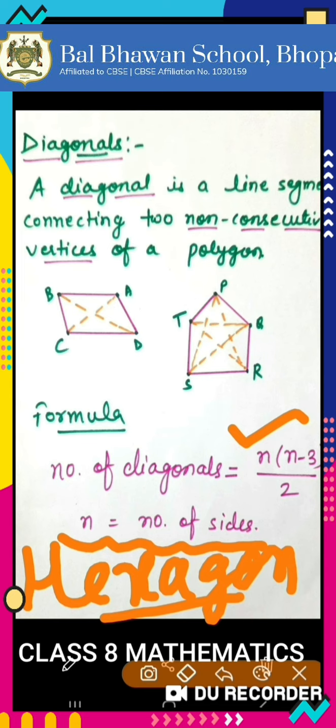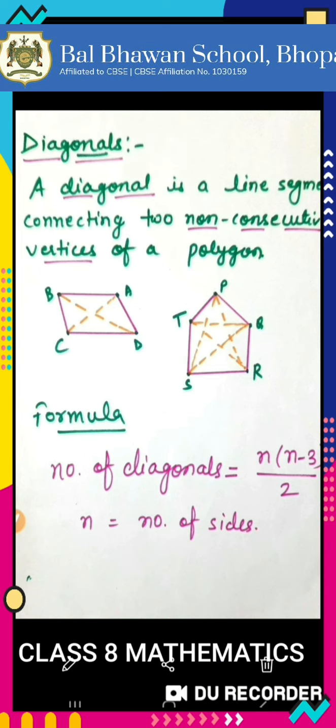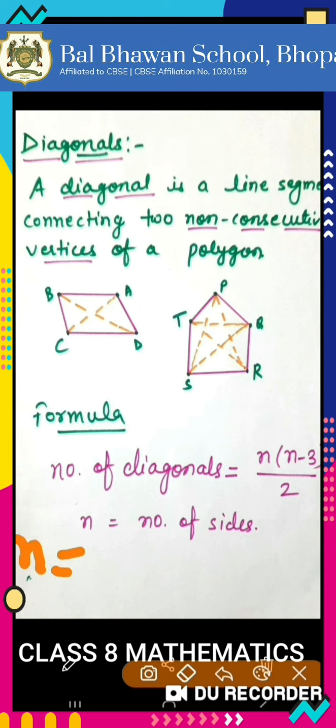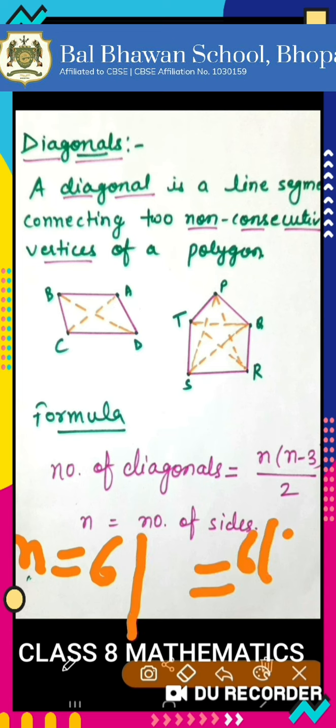Let's solve for a hexagon. Suppose we have to find the number of diagonals in a hexagon. In that case, the value of n will be 6. So how can we find the number of diagonals? It will be 6 into (6 minus 3) upon 2.